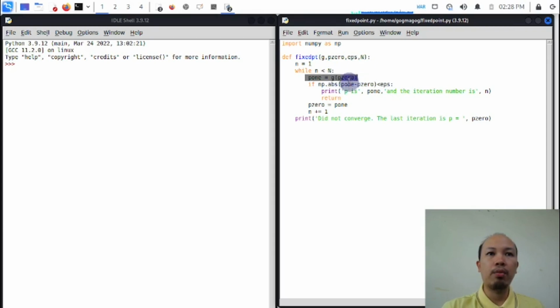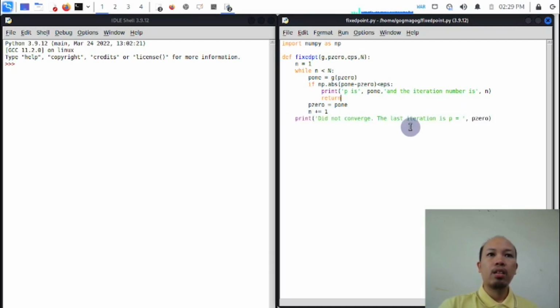Again, if it does not satisfy this portion, then it will go back to the while loop until the number of iterations is reached. If it is not achieved, then this message will print.